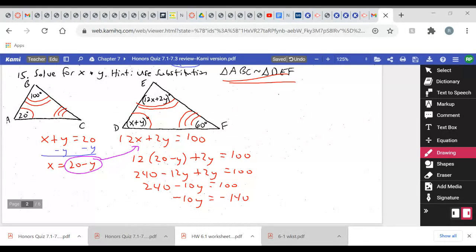If I divide by negative 10 on both sides, then I end up with 14. So there's my y. If I come back over here and plug 14 in for y's place, then I end up with x is equal to 6.